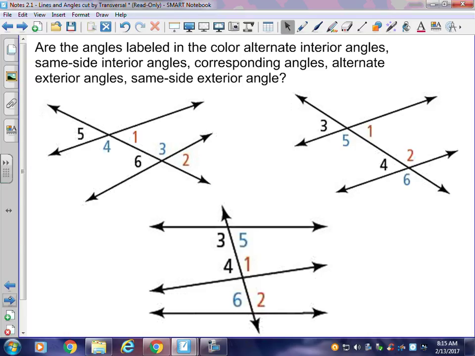Now you can stop the video and answer these questions and then come back and check yourself in a minute. So angle 1 and 2 are on one side of the transversal, but they're both in the bottom right corner, so that makes them corresponding.